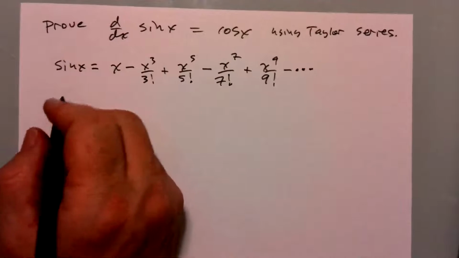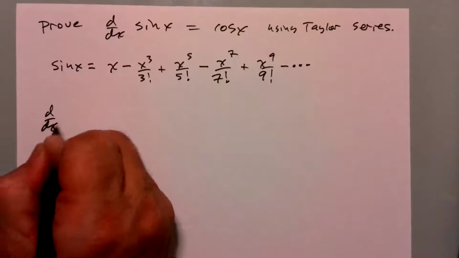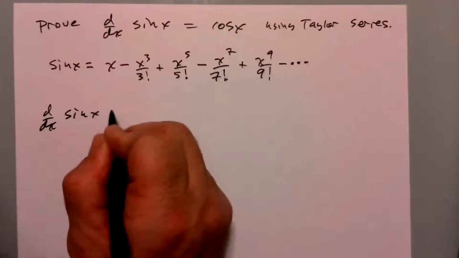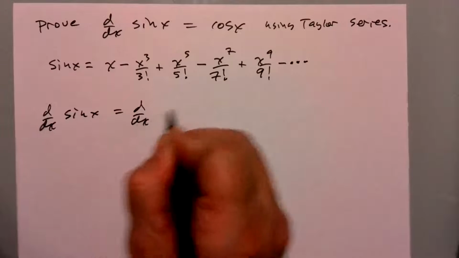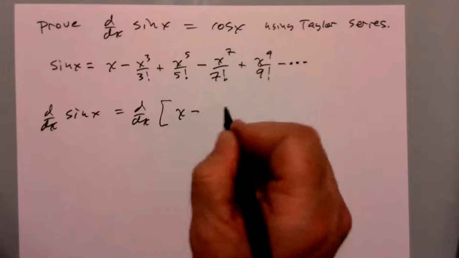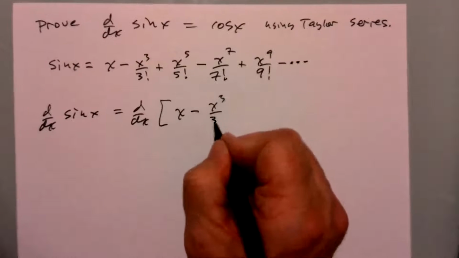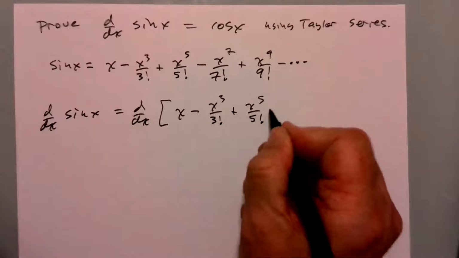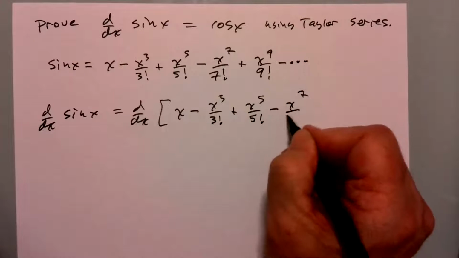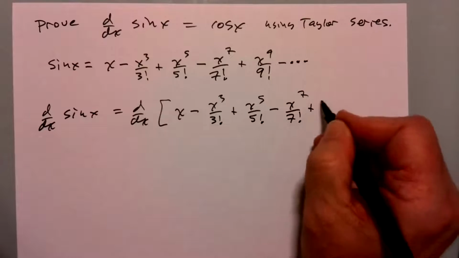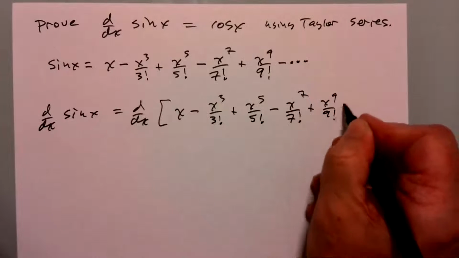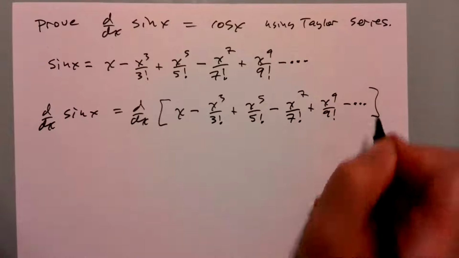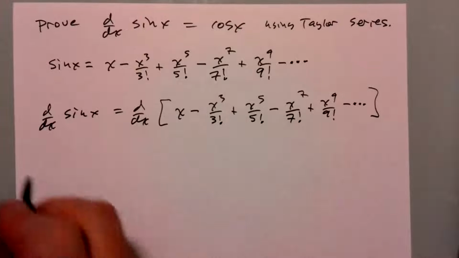So knowing that, what is the derivative of sine x? What's the derivative of the Maclaurin series? That's the derivative with respect to x of x minus x cubed over 3 factorial plus x to the 5th over 5 factorial minus x to the 7th over 7 factorial plus x to the 9th over 9 factorial minus dot, dot, dot. We take the derivative of each piece.